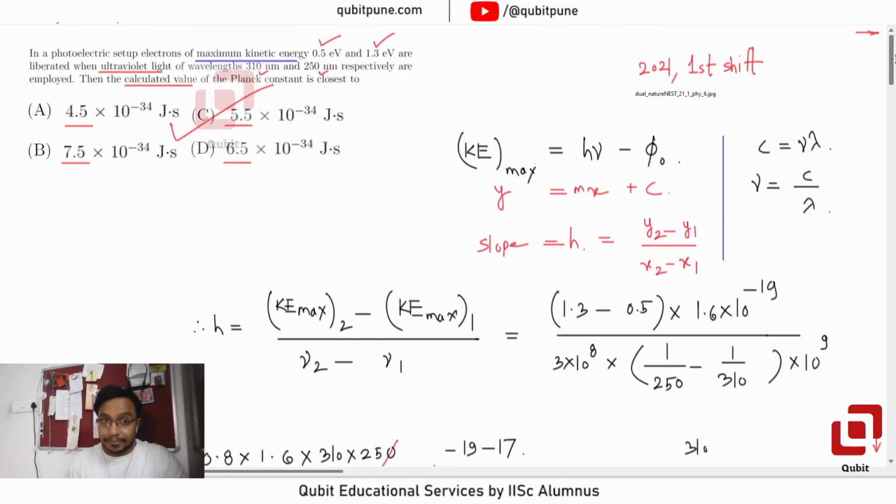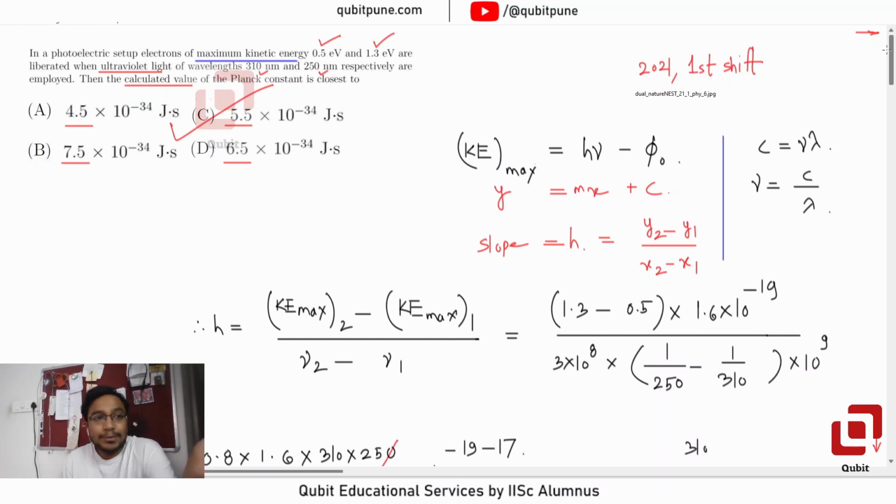Now look, if you mark D because that is closest to the actual value, then you will lose marks, because this is a negative marking question. So don't do that. They are not dumb to set up the problem and give option D there.